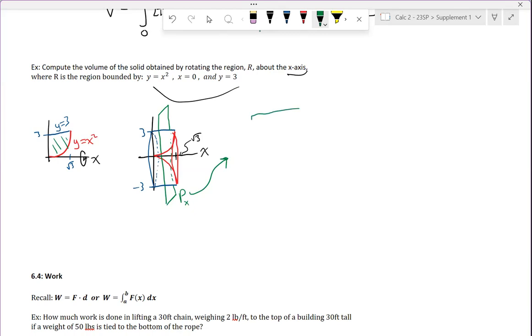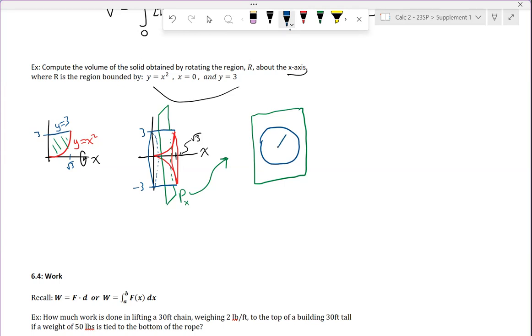And this plane is going to have two circular intersections. It's going to have a circular intersection with the outer shell, so to speak, of this solid, the one that's from the line at y equals 3 being wrapped around. So maybe I'll draw that one in blue to try to keep our color scheme consistent.